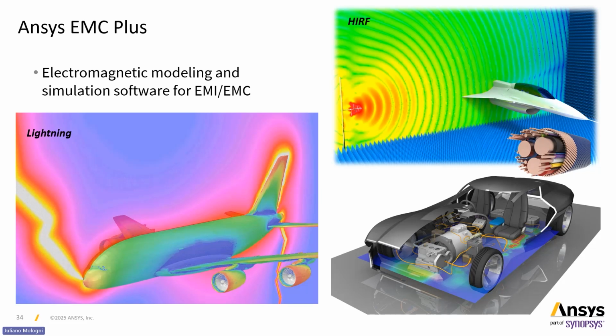So they started with aerospace and defense. All of these really expensive tests like HIRF, high intensity radiated fields, or lightning, electromagnetic pulse, that's what they started with. But now we have hundreds of companies using EMC Plus in other industries like automotive, high tech, biomedical, and more recently, even in the semiconductor space.